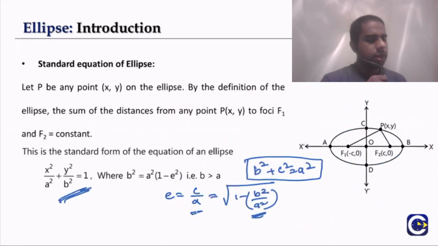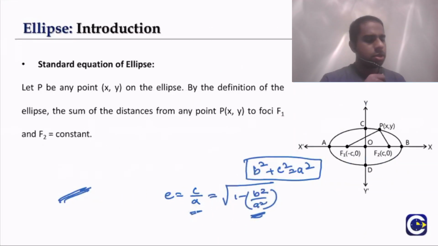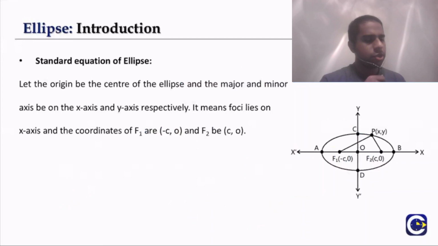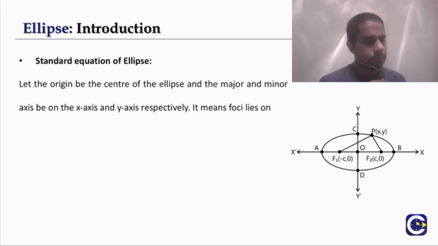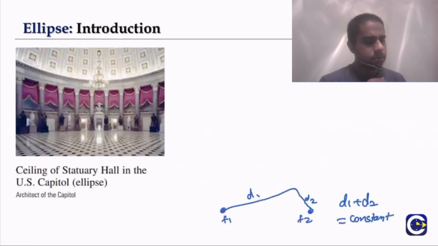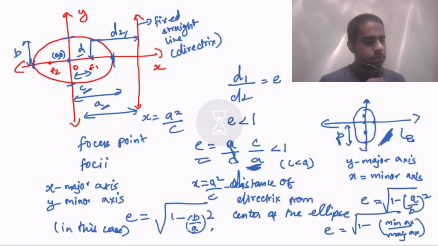Here I would like to go back to the definition of the ellipse. We told that d1 by d2 is constant, like for an ellipse, the definition given according to the slide.